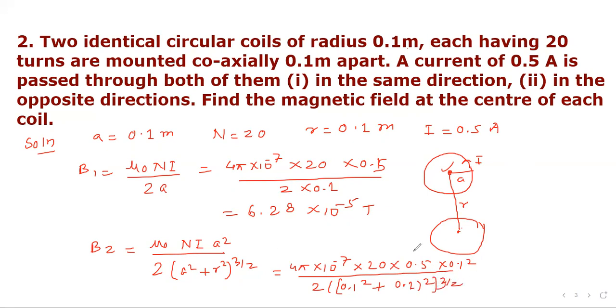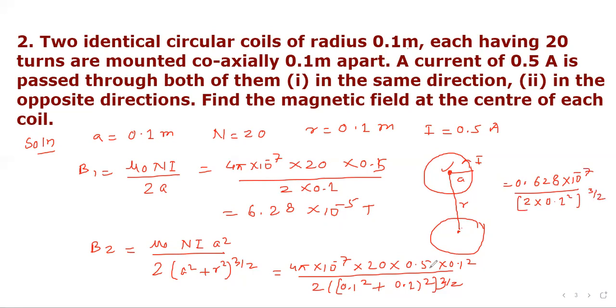So this will become 0.628 into 10 to the power minus 7 divided by, in the denominator we will get twice of (0.1 square) whole power 3 by 2.